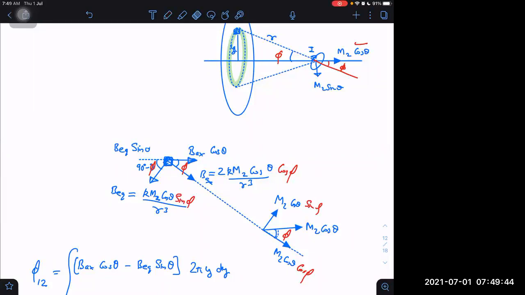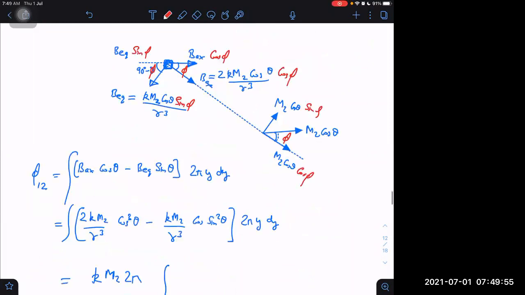Sin phi into sin phi means it will become sin square phi, and this is into cos phi. Then what changes will it make here? Phi.